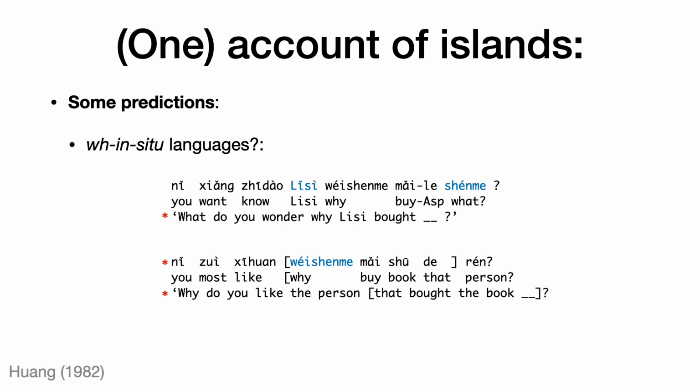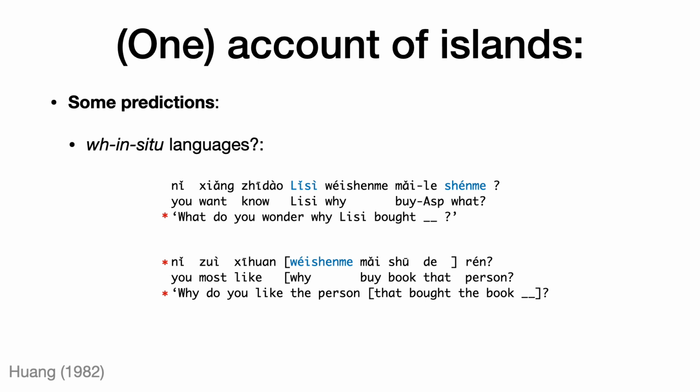That string of words is fine, but it has to mean, why do you like that person, right? This cannot mean something like, you like the person that bought the book for some reason. What was that reason? Why did you like the person that bought the book? Oh, I like that person that bought the book because he saw it on the New York Times bestseller list, right? That can't be a question about the reason why the book was bought.